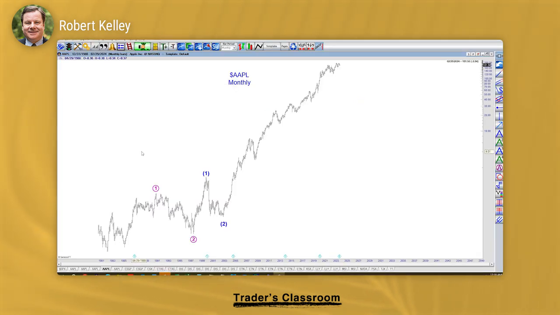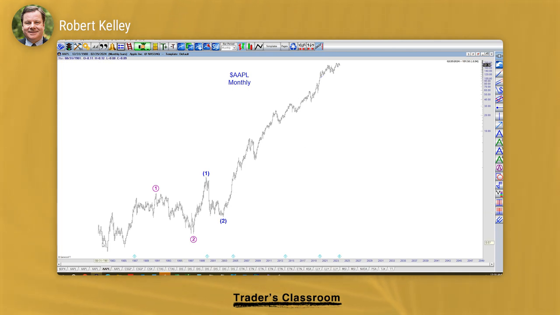All right, so here is a monthly chart, and I think this action here is not debatable. It's a pretty clear 1, 2, 1, 2. The rest of it is where you have to start making some judgment calls.